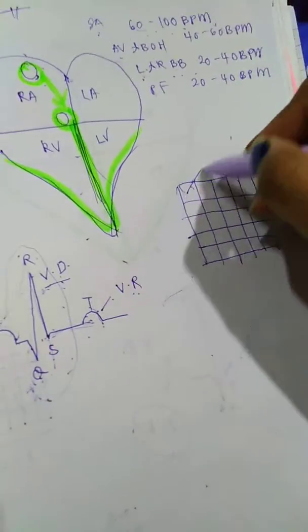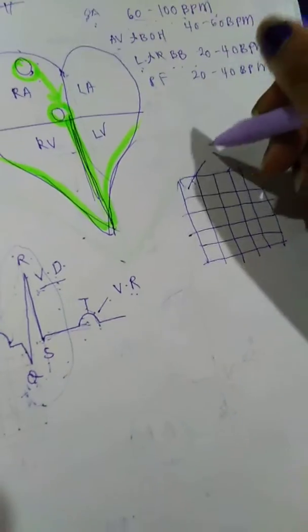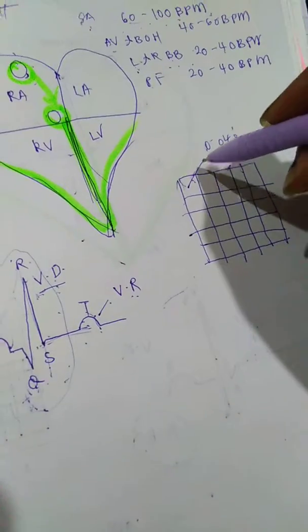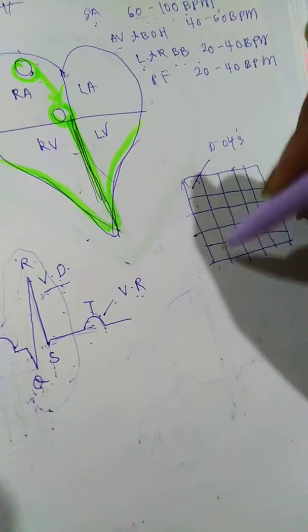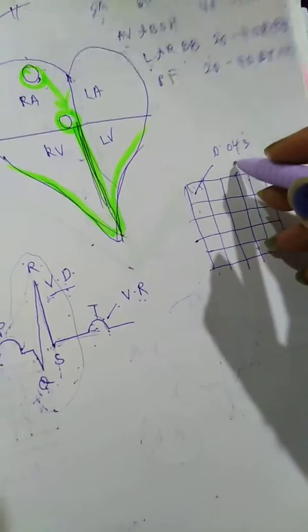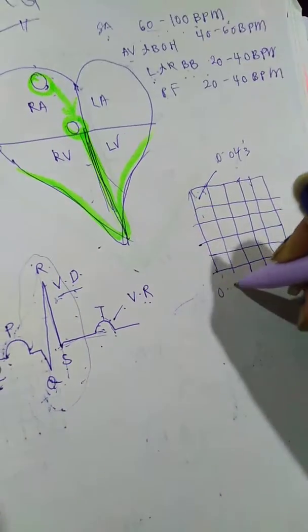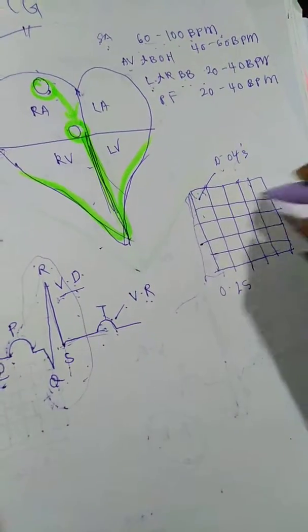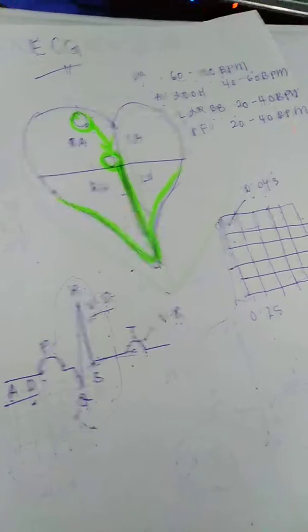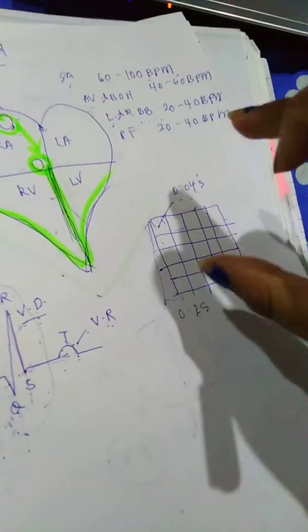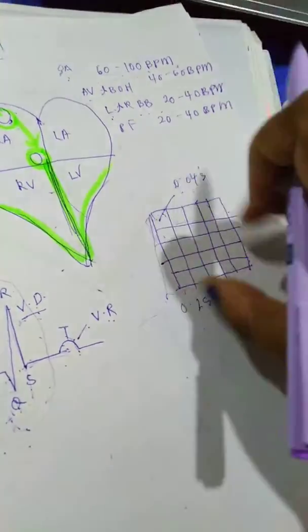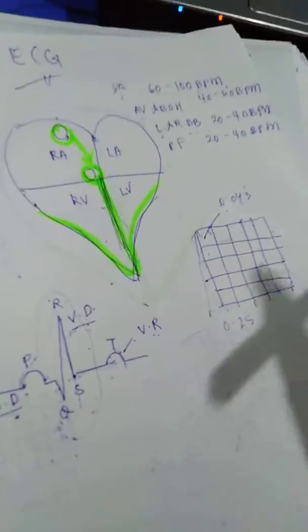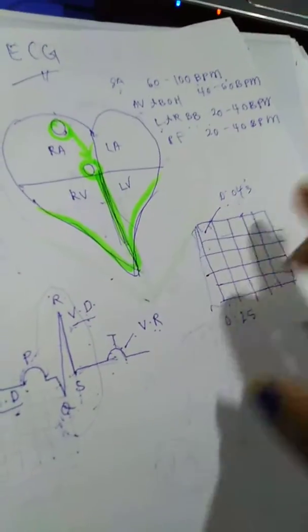One small box is equivalent to 0.04 seconds, and a big box contains 5 small boxes, so 5 times 0.04 is 0.2 seconds. So one small box is 0.04 seconds and one entire big box is 0.2 seconds. This is the simple thing you need to know about the number of seconds, because this is what you'll use to calculate the intervals and even your QRS complexes and all that.